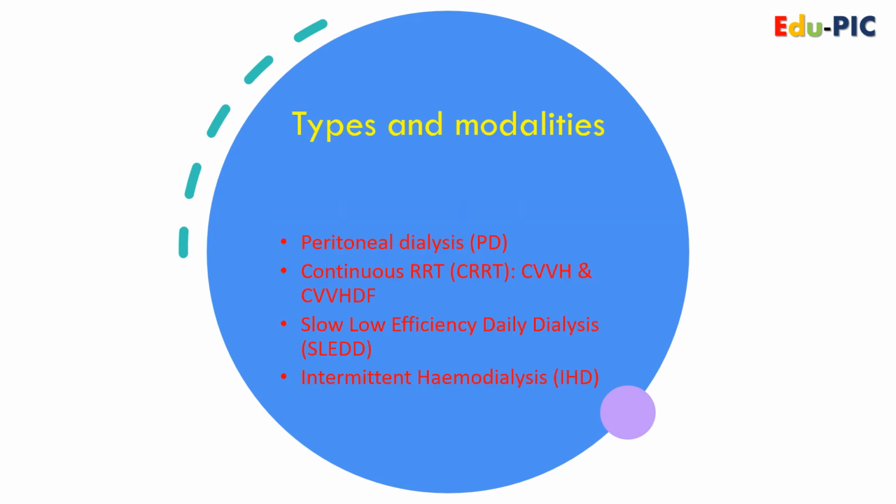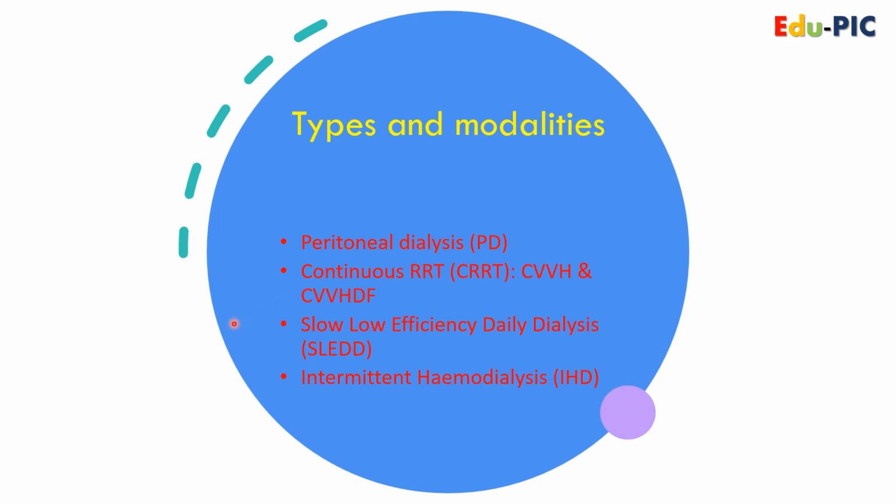Then the types that are used usually for renal replacement therapy are in pediatrics, mostly peritoneal dialysis, and emerging is continuous renal replacement therapy, or CRRT, or CVVH, and CVVH-DF, and we're going to talk about what these letters mean in one of the next talks.